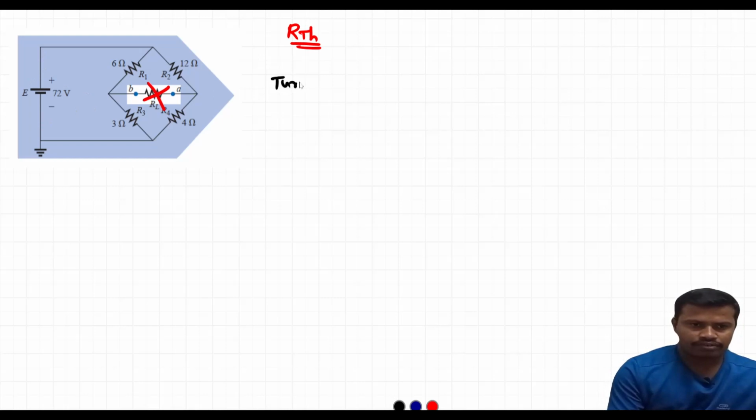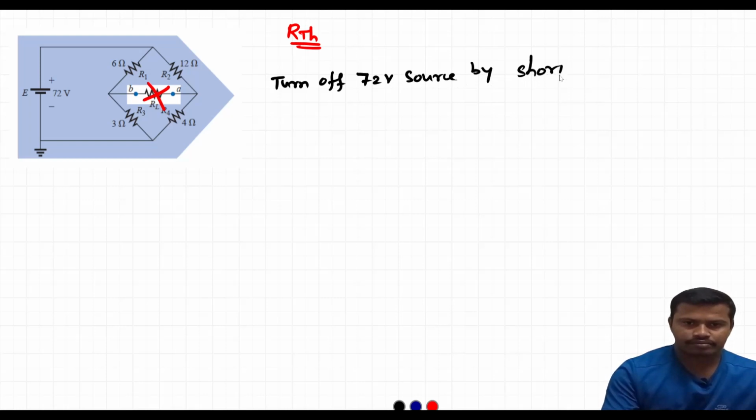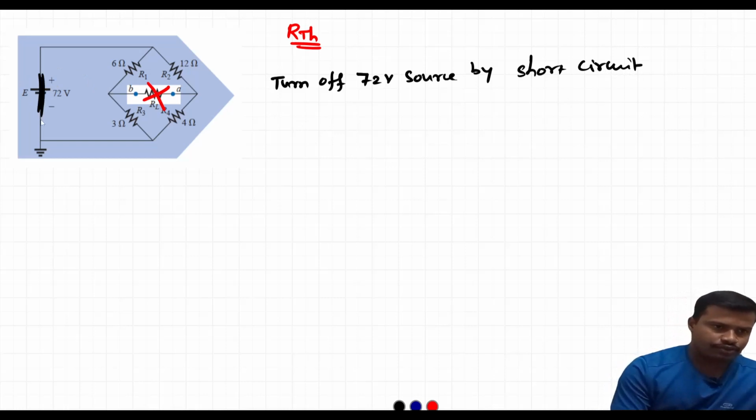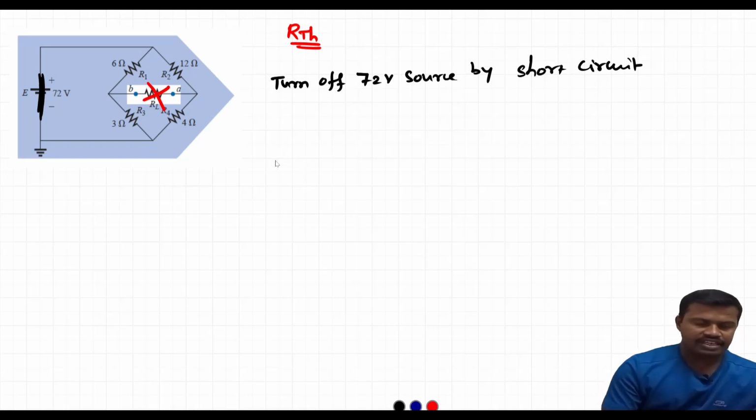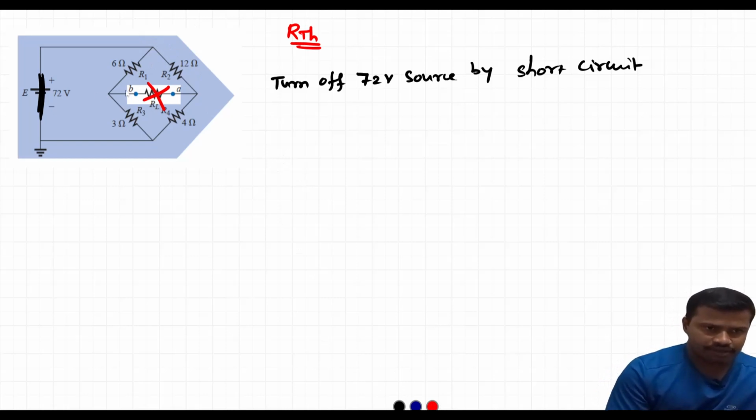So we turn off the 72 volt source by short circuiting it. When we do this short circuit and this resistor is not available, we will redraw the circuit to find the equivalent resistance. For that, we will mark the terminals.